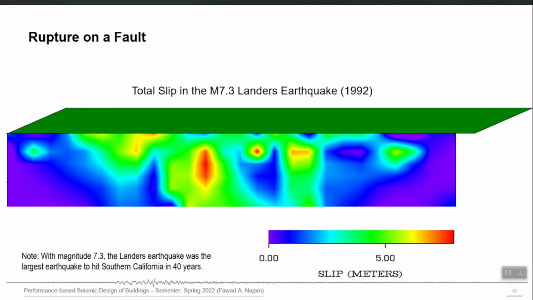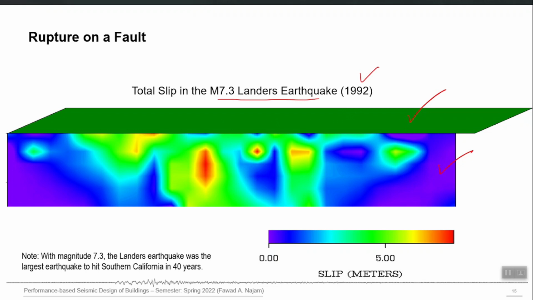This is an example of the slip mapped for the magnitude 7.3 Landers earthquake, a very famous earthquake from 1992. The color here shows how much slip that particular point experienced during this earthquake. This green part is the surface, and this rectangle shows the depth.